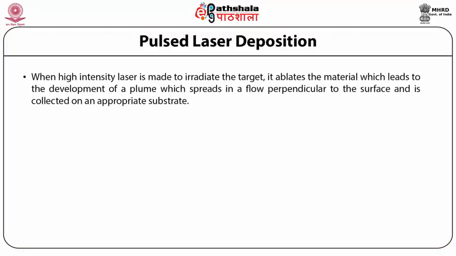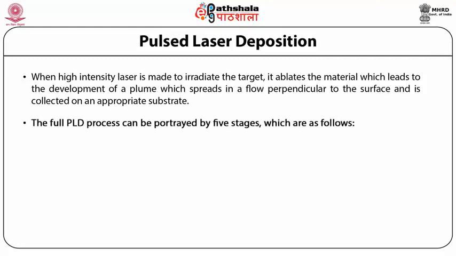An inert background gas such as argon can also be utilized for the deposition of thin films using PLD. When high intensity laser irradiates the target, it ablates the material, which leads to the development of a plume, which spreads in a flow perpendicular to the surface and is collected on an appropriate substrate.